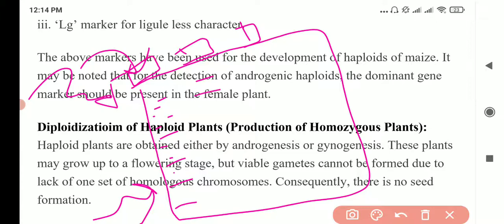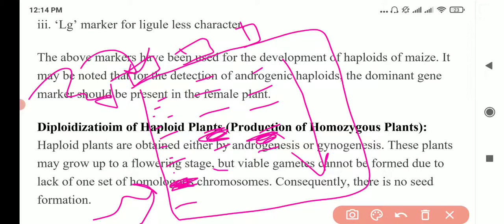As it travels, it will form bands, because as you go higher, the thickness of the gel increases. Okay, so there are some markers which will always show. So if the aleurone is purple, it means we got a haploid plant.